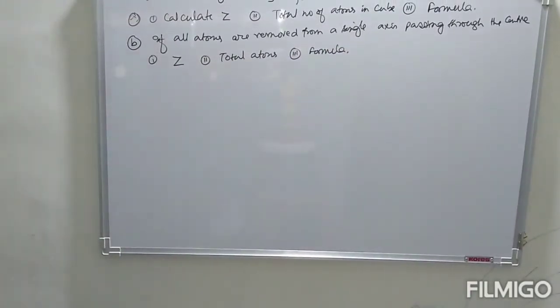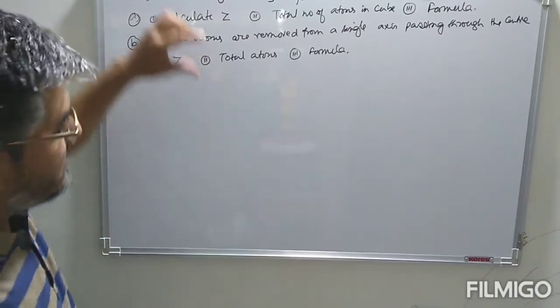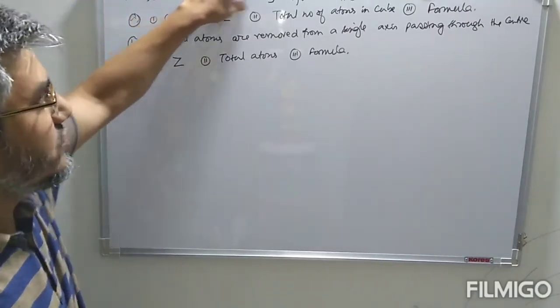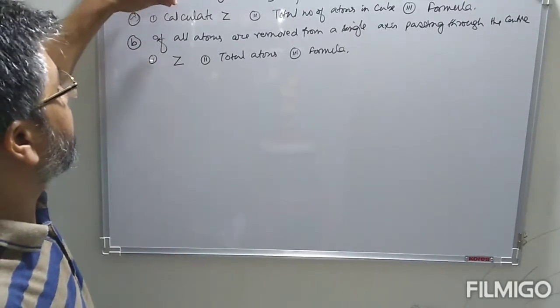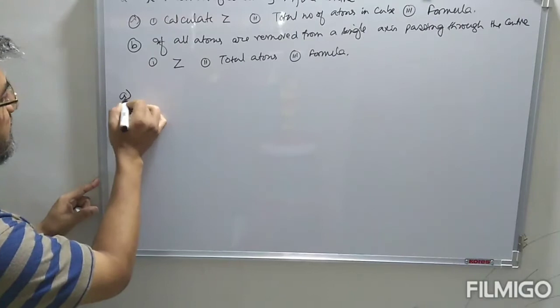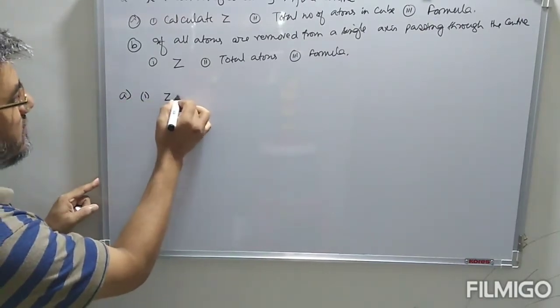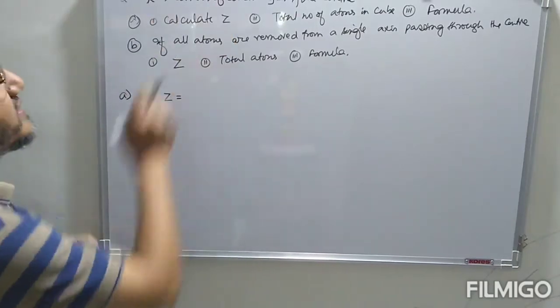So we have a compound formed by two elements X and Y in a cubic unit cell, such that X occupies corners and Y occupies the face centers. Then the question is to find Z. So X occupies corners.